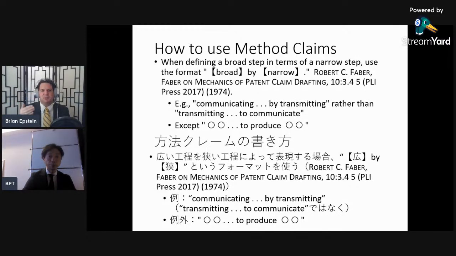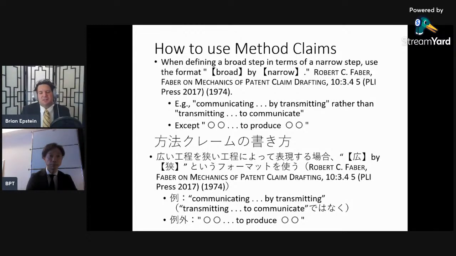In this case, we are using this production of an element to establish antecedent basis later in the claim. And so this isn't quite the same situation as transmitting to communicate. We're doing it for a different reason. And so that's why we'll have this one exception where it's more like narrow to broad.